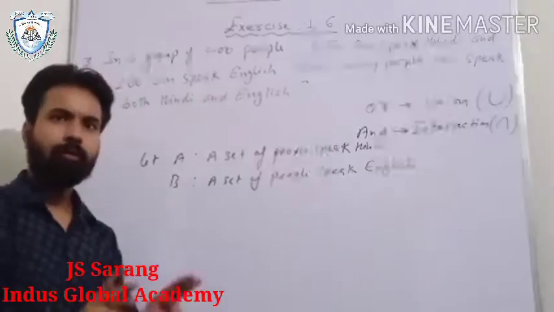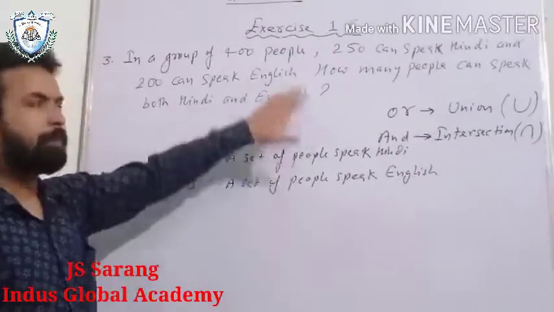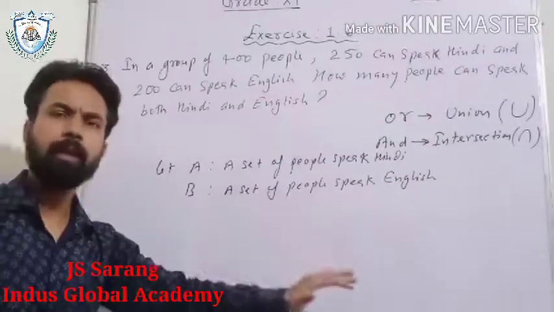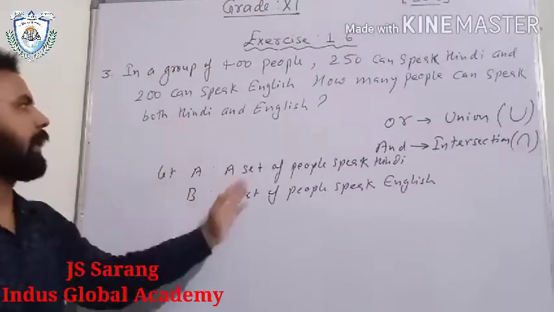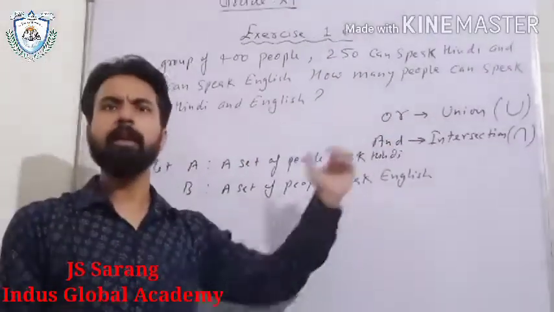Got it? So first of all, we will categorize the people who can speak English or who can speak Hindi. So we will consider two sets A and B, which represent the set of people who speak Hindi or speak English.